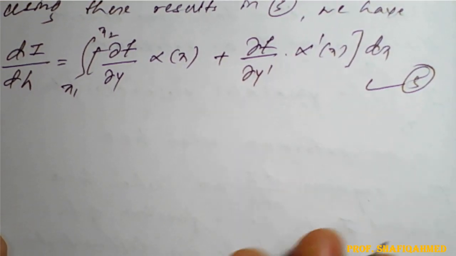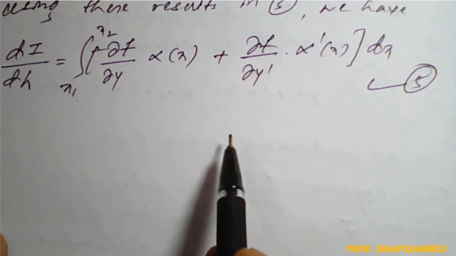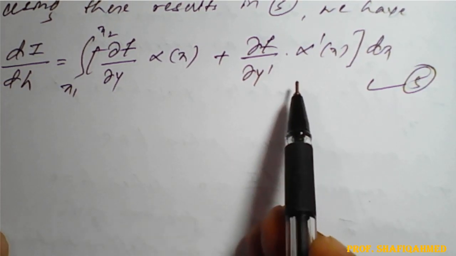So keeping the first term in the RHS of equation 5 as it is, and integrating the second term by parts.